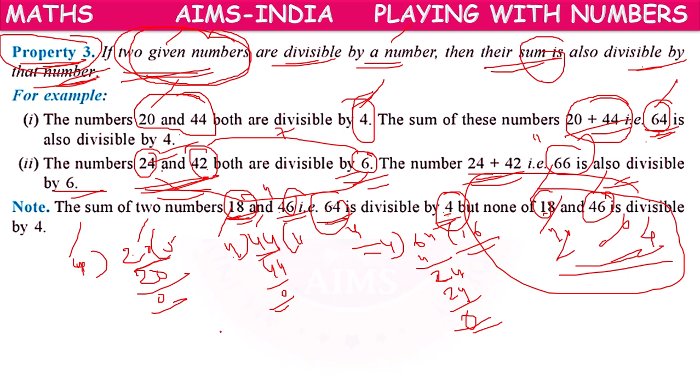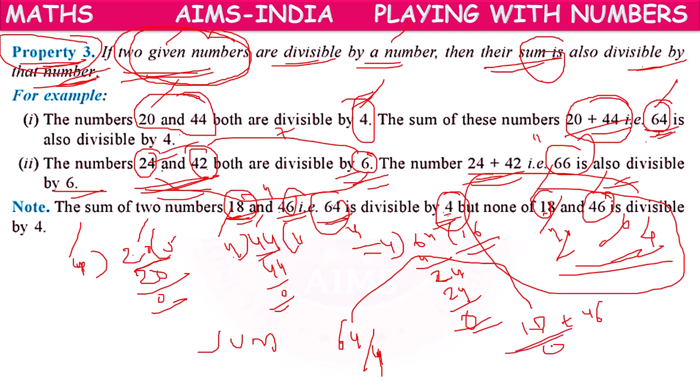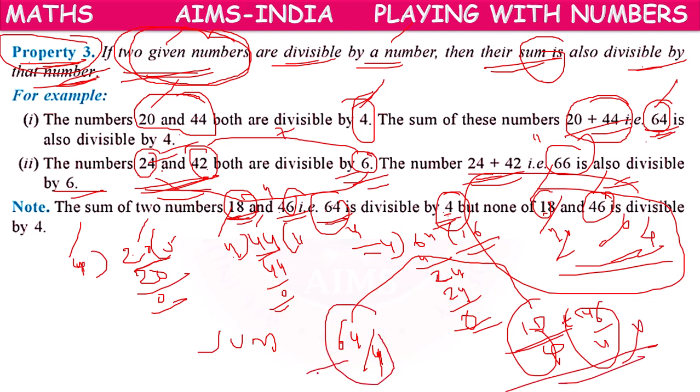But if we take it in reverse, if the sum 64 is divisible by 4, and the sum is written as two numbers, 18 plus 46, then 18 divisible by 4 and 46 divisible by 4 is not possible, because we are taking the property in reverse. It is possible only in this order: if two numbers are divisible by 4, then the sum will be divisible by 4.